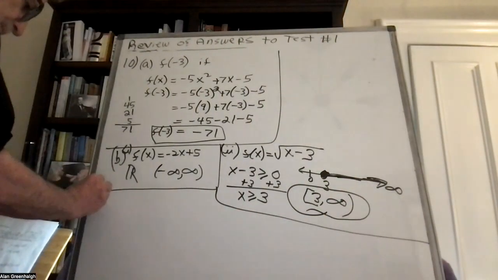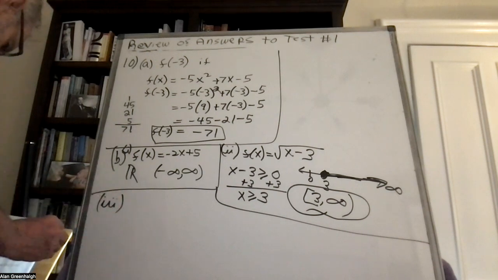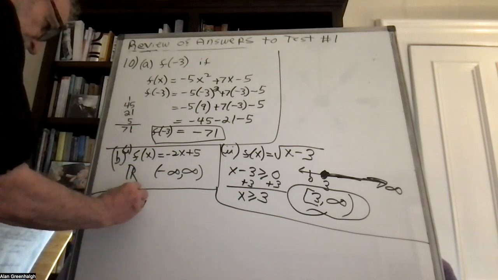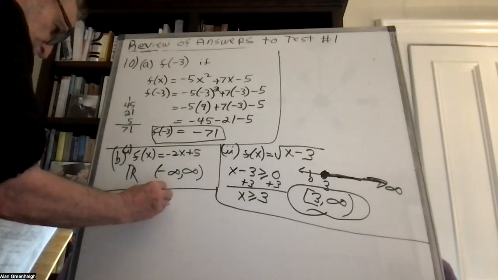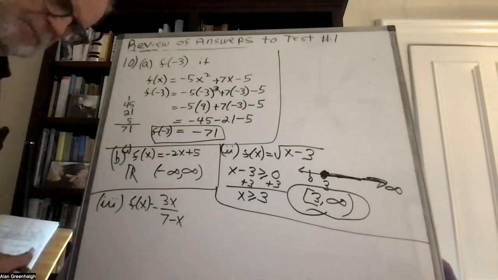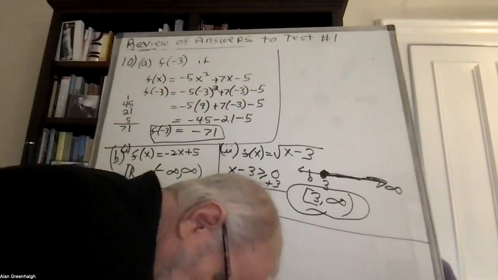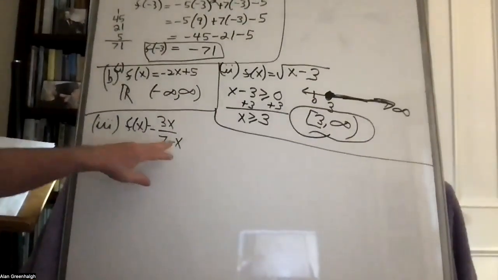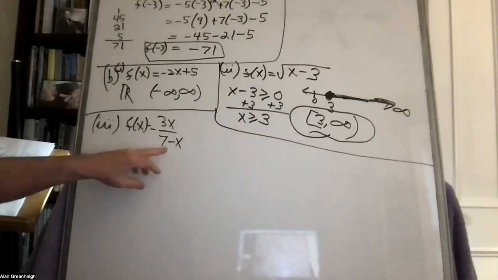And then problem III would be f of x equals 3x over 7 minus x. The situation with fractions is that the denominator has to be not equal to 0.